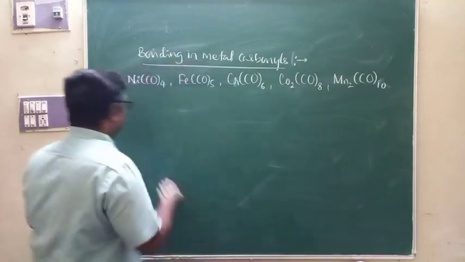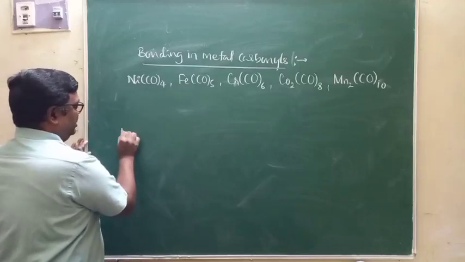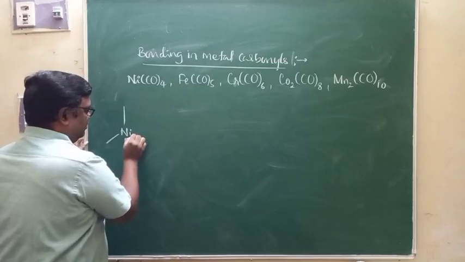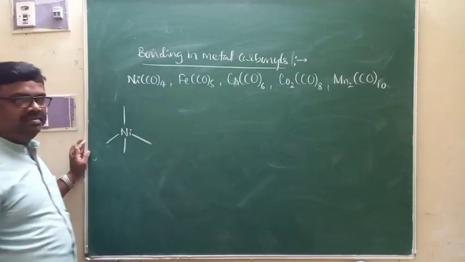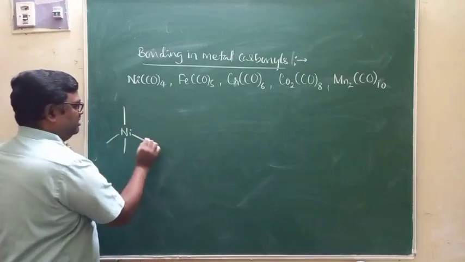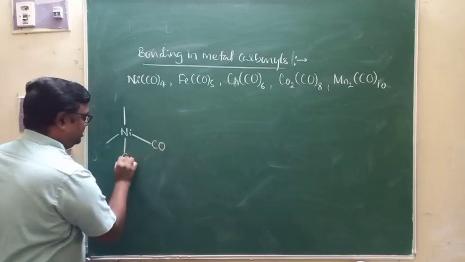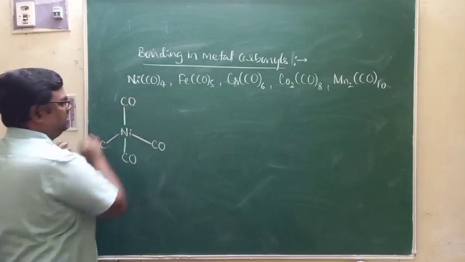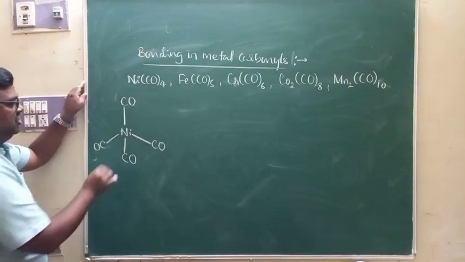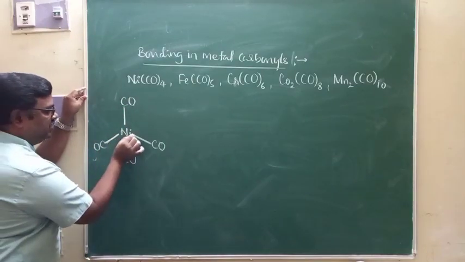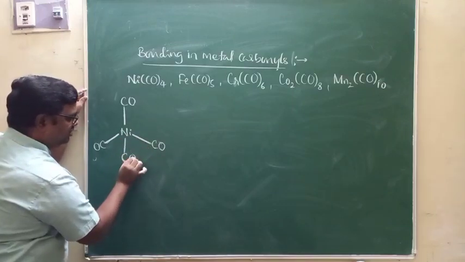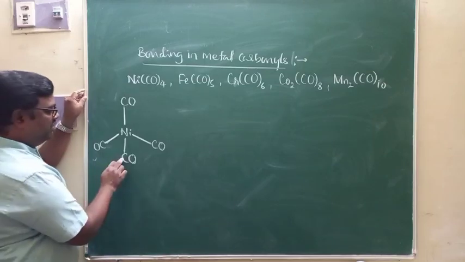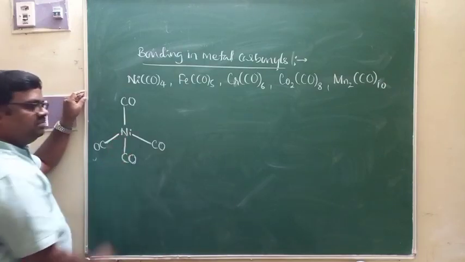If it comes to this, it is nickel surrounded by 4 coordinate bonds between carbon monoxide and nickel. This is a tetrahedral complex, and you must show the direct linkage between nickel and carbon. You must connect the carbon of the carbon monoxide to the metal.